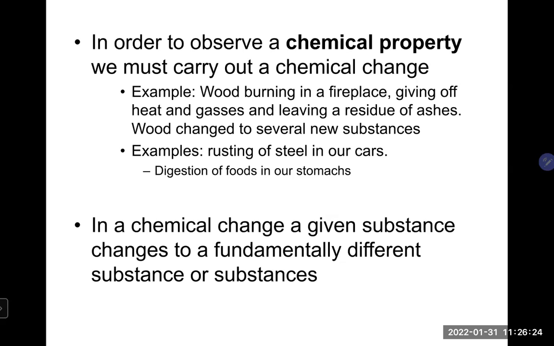Chemical properties usually go with chemical changes, and chemical changes are different than physical changes. In chemical changes, what you start with and what you end up with are two fundamentally different things. And the key there is you cannot do any type of physical process to get back your original substance.